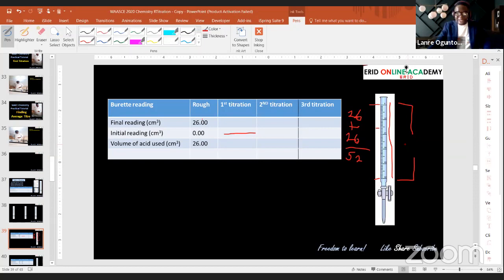So it means that if I do not fill my buret again, based on my rough, I will not have enough volume of acid in the buret to titrate against the base. That means I need to add more acid to my buret because I stopped at 26. Adding more acid gives the advantage of having more than 26 level to use for the first titration.